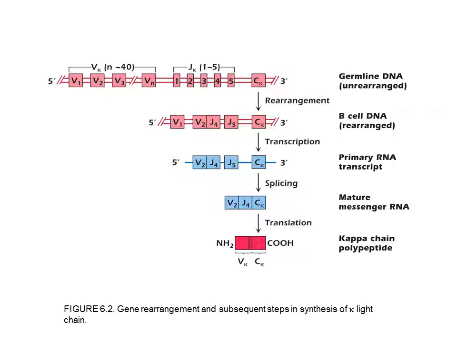It will splice it up and bring these together, and then we will have a mature messenger RNA, and obviously that will be translated into a light chain. So you can see from here the amino terminal, and we'll see a carboxy terminal.